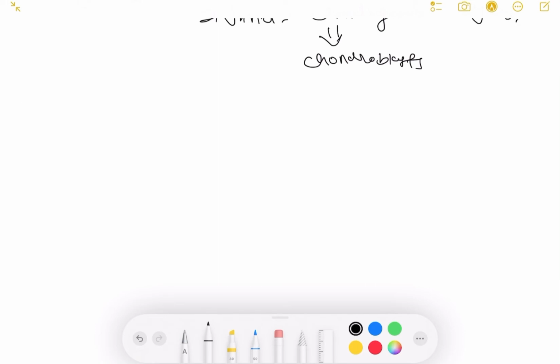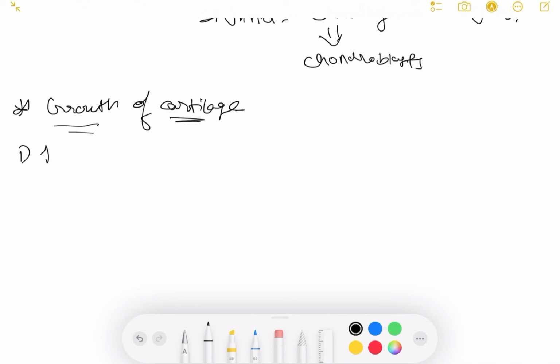Now discussing the growth of cartilage. I am explaining like this, writing and explaining, so that you can also write along with me and understand very well. Now cartilage growth is of two types. First growth is known as interstitial, that is internal growth.